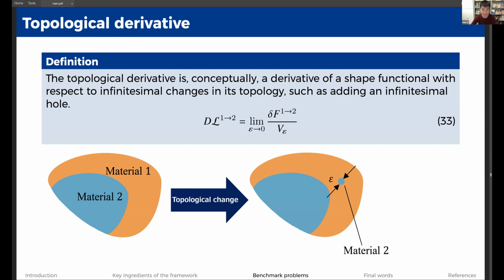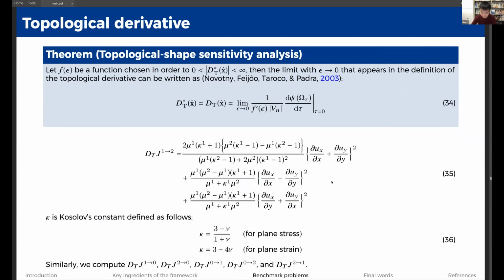This derivative is basically the derivative of a shape functional with respect to an infinitesimal change in its topology. In the context of multi-material design, such an infinitesimal change means that one material is replaced by another material in an infinitesimal circle with the radius of epsilon.